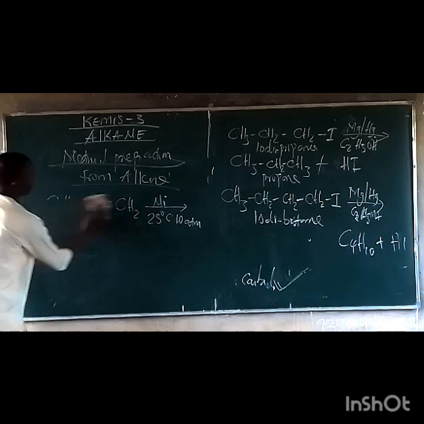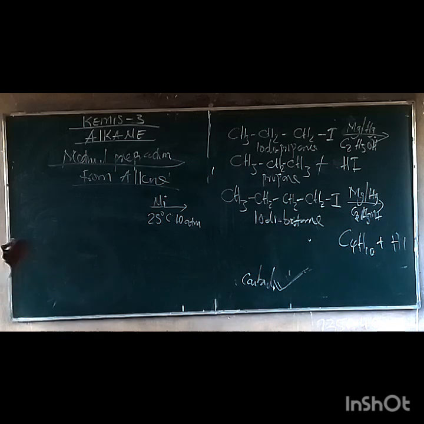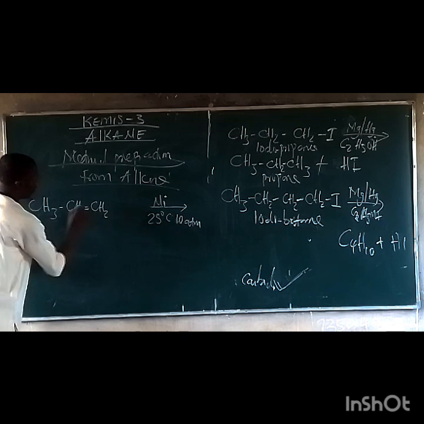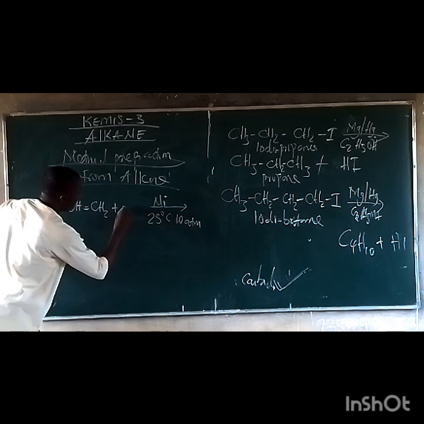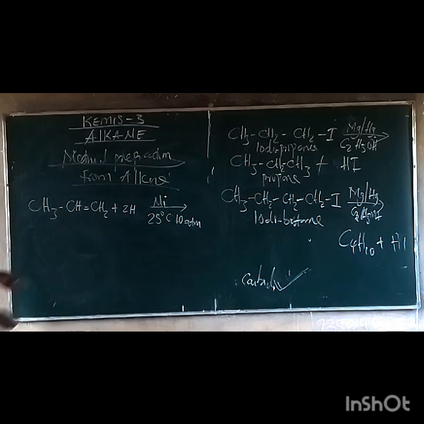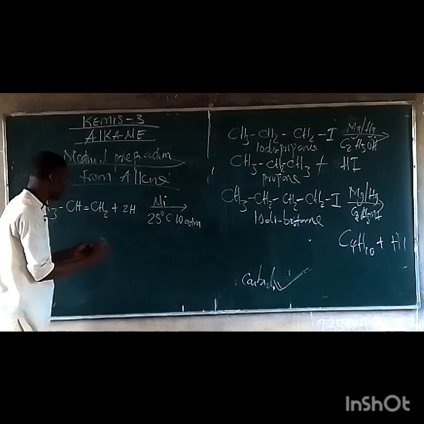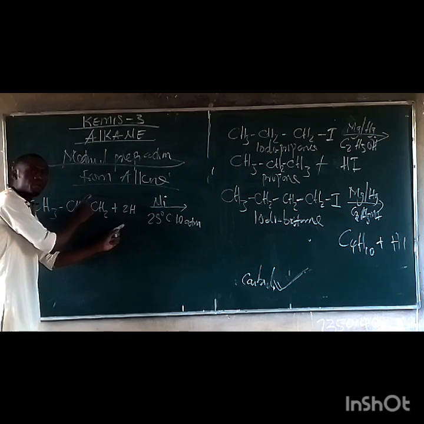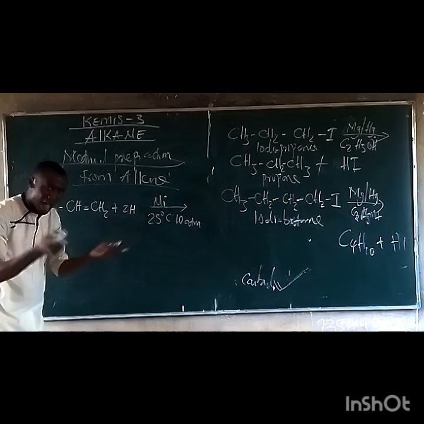Well, I think I made a mistake here. Let me add something. Let's rewrite CH3, CH, and then CH2, double bond. Now we're going to have 2 hydrogen, because these 2 hydrogens have to come together: one of the hydrogens will go to this bond, one will go to this bond, so as to make the complete alkane.